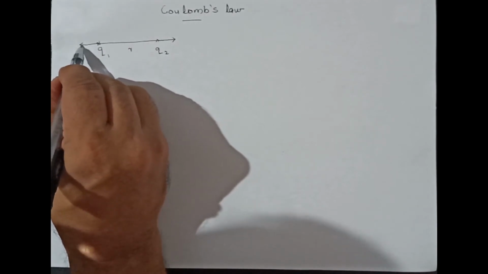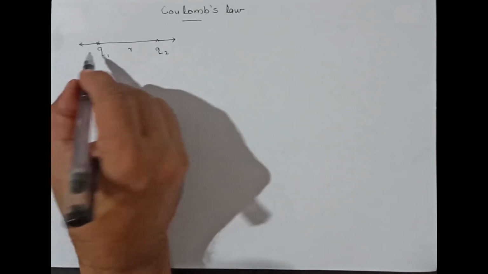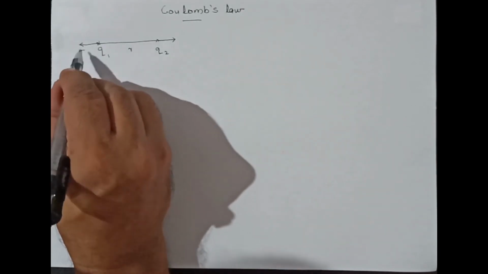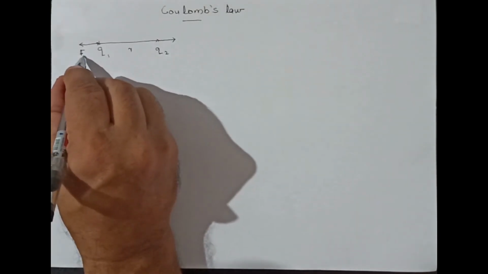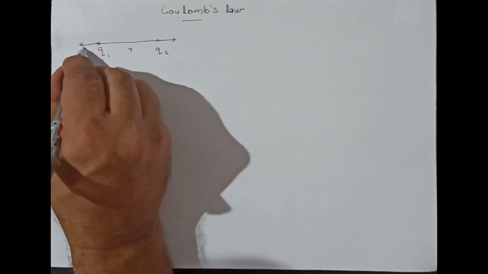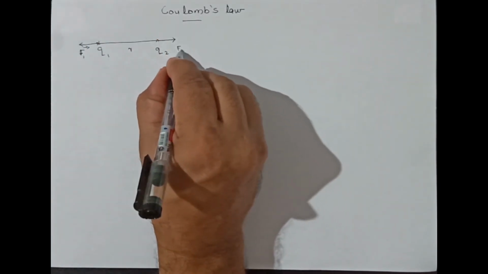Now, because both Q1 and Q2 are positive, they experience a repulsive force. So you will have F1, which is the repulsive force on Q1, and F2 is the repulsive force on Q2.